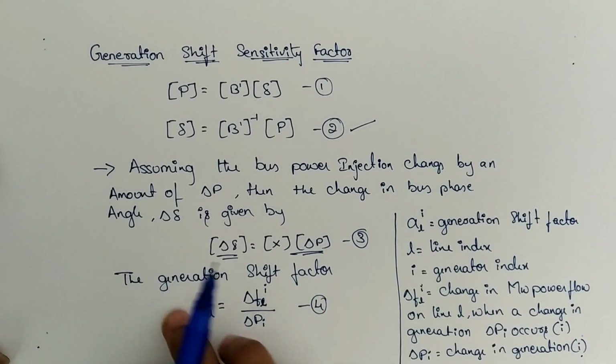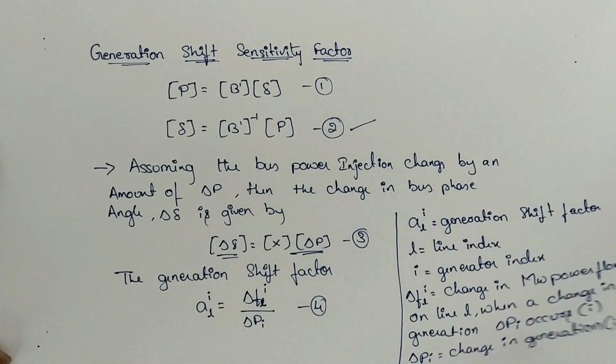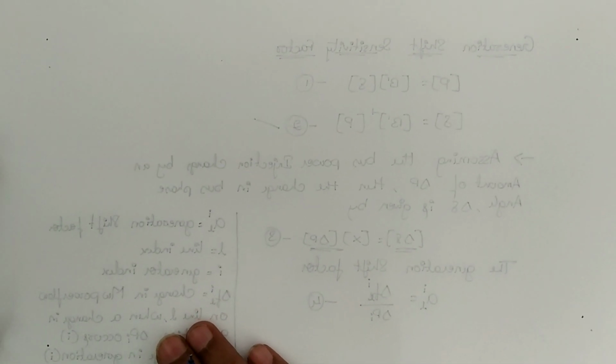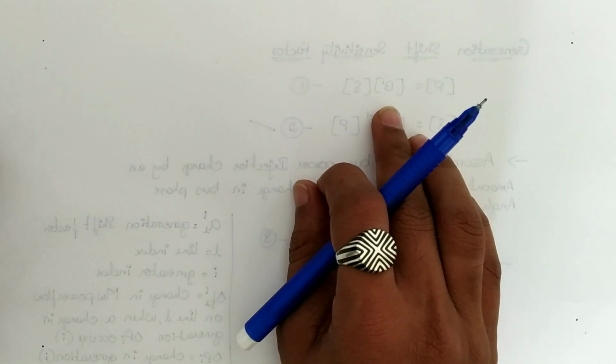For this equation, if we move further to understand how there will be a compensation or how there will be a change in generation, it would be easier for us to understand.